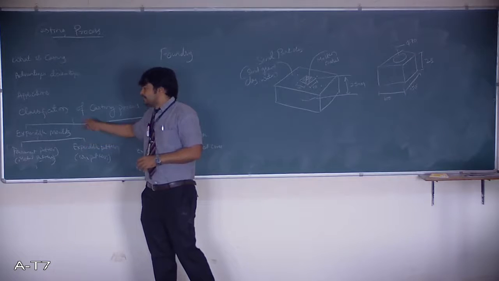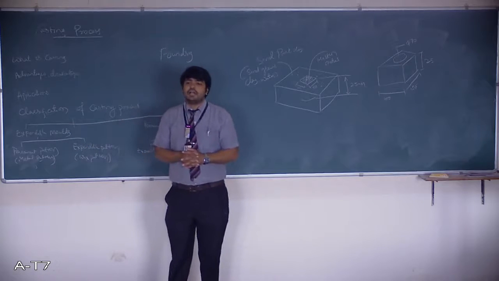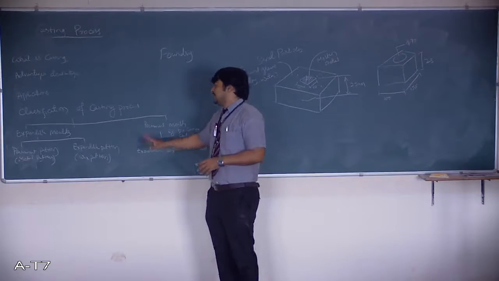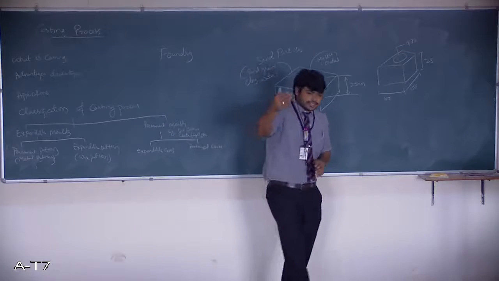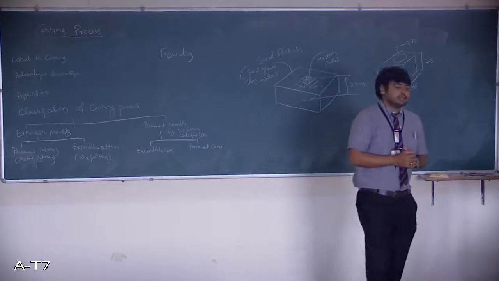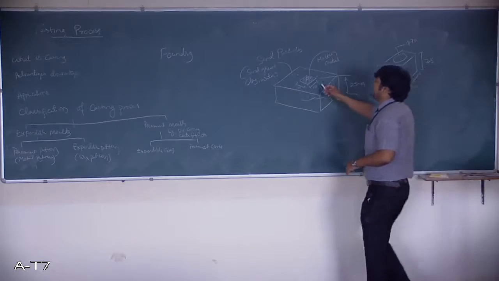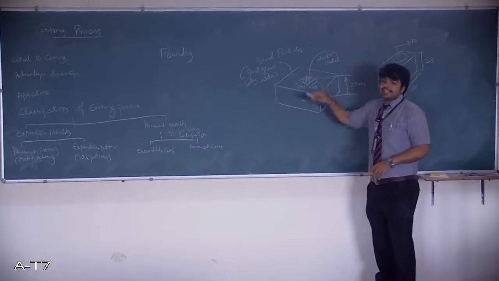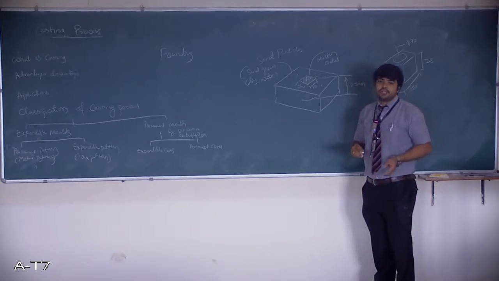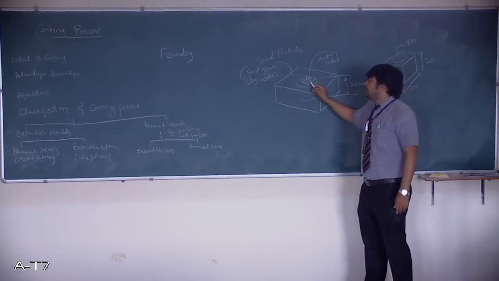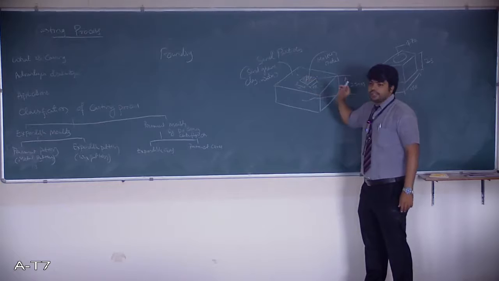Okay. In expandable molds, again we are going to have something called permanent pattern and expandable pattern. First let us see the meaning of pattern. In this example, I have shown a cavity is first created and inside the cavity we are going to pour the molten metal. But the question arises, how are you going to make the hollow cavity over here?